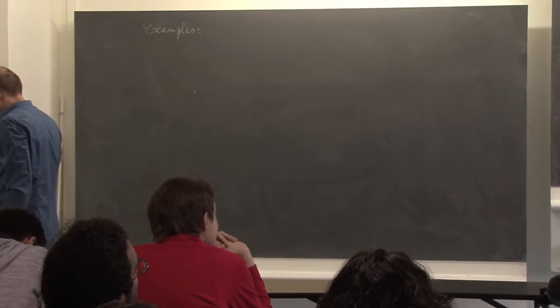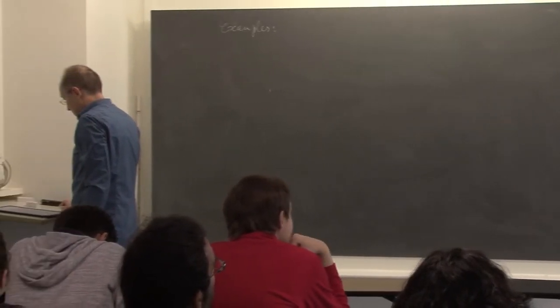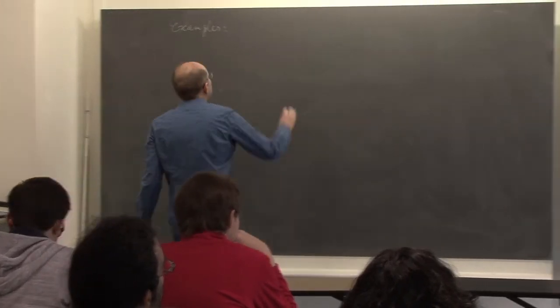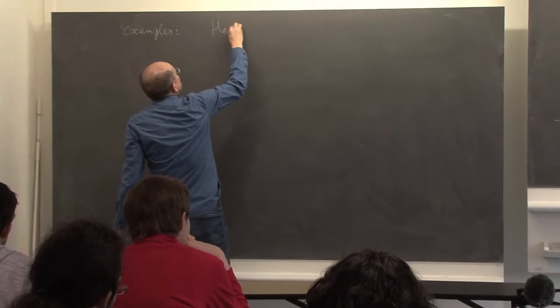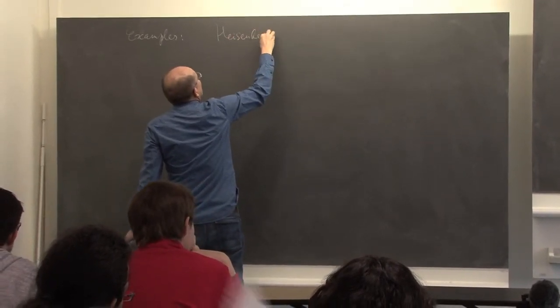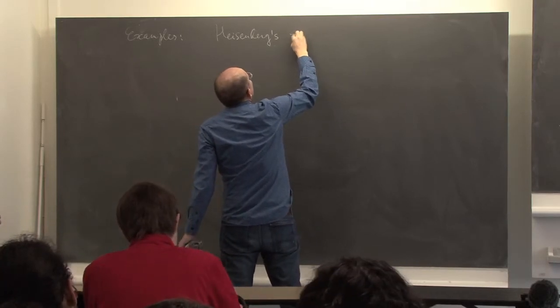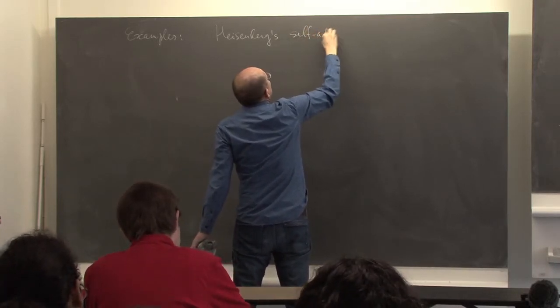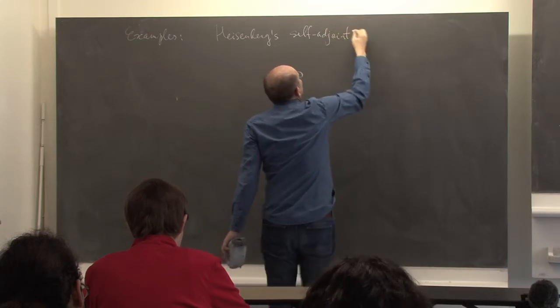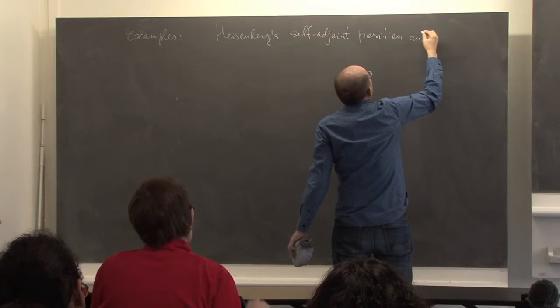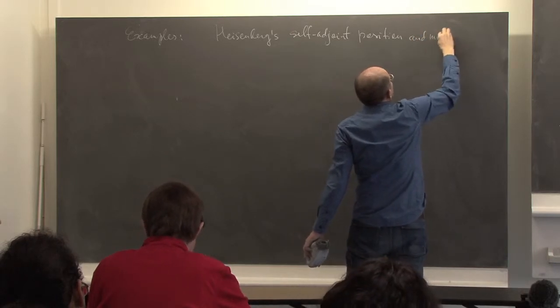So the examples will start from Heisenberg's self-adjoint position and momentum operators.